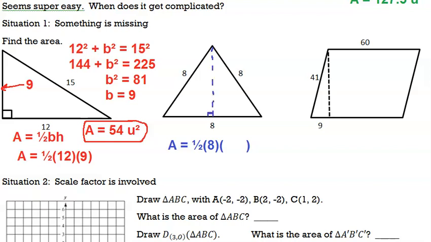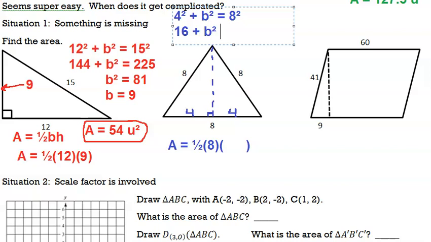So if we were to split that in half, then that would turn this into a 4 and this into a 4. And the reason we did that, now what we have created is 2 right triangles, which means that same trick that we can use for the first example with the Pythagorean theorem, we can now use for the second one as well. So that's what we're going to do. 4 squared plus b squared equals 8 squared.